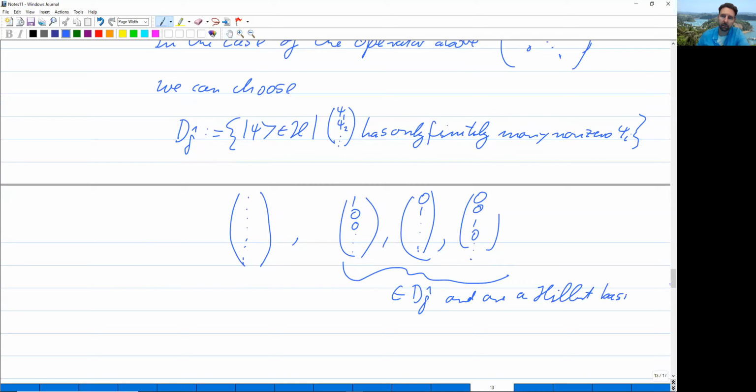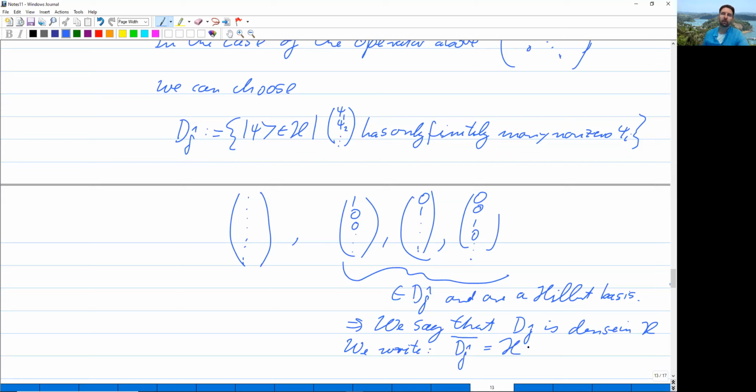Therefore, we say that D(f hat) is dense in H, and we write for that D(f hat), and then we put a bar over it, and that bar means completion. That is the Hilbert space. Okay, so that's just a bit of terminology.